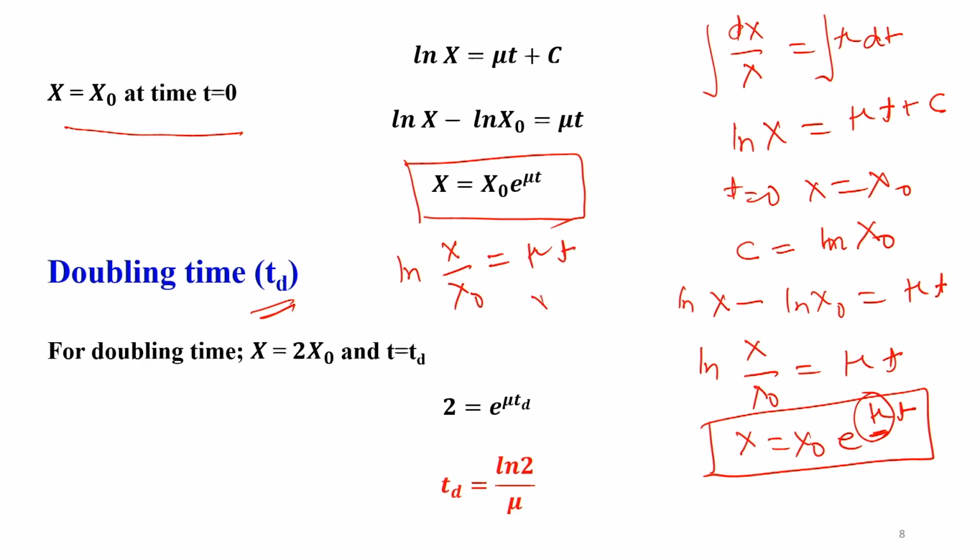Doubling time means x becomes twice of x naught. So, it will be simply ln 2 is mu into t, with t replaced by td, doubling time. So, it says td equals ln 2 upon mu. In this way you should be able to calculate the doubling time of a particular microbial strain.